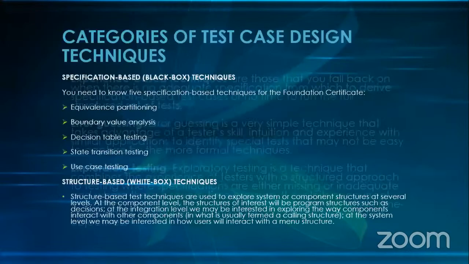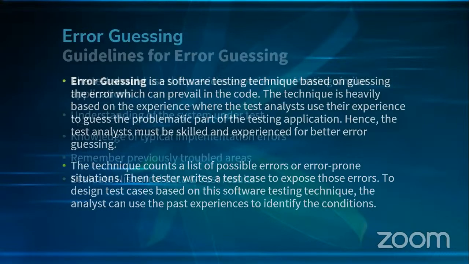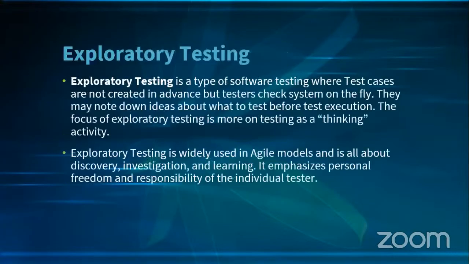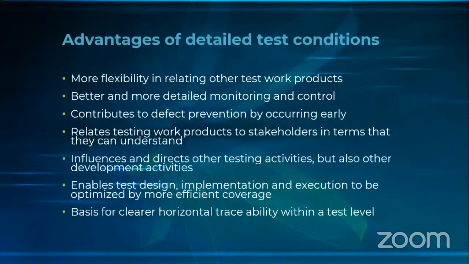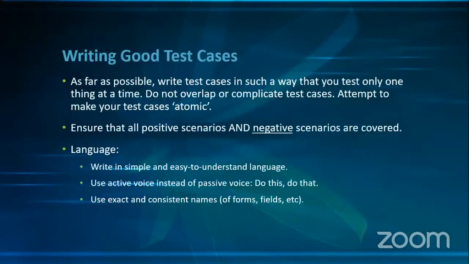Okay. Let me just go back. Writing good test cases. So what I just mean is, when you say something is atomic, making it clear, crystal clear, concise, as simple as easy as possible.